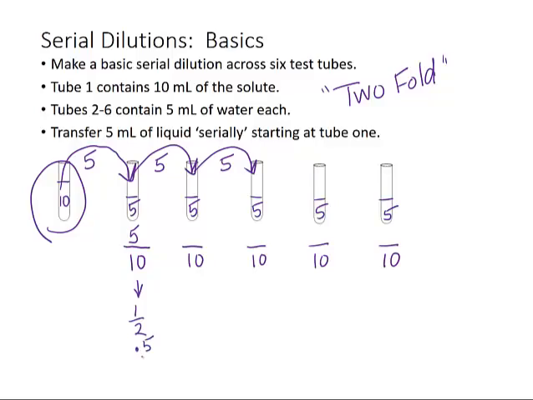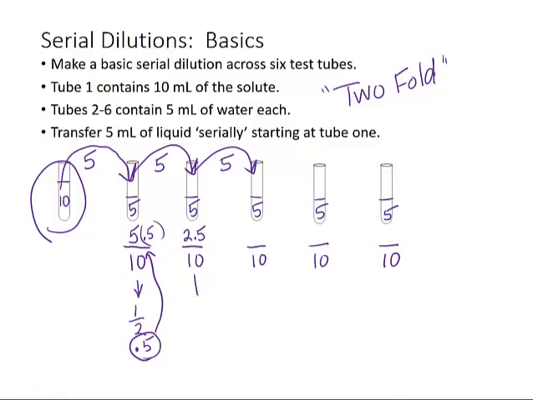It's 0.5. That's going to be my multiplier. I'm going to bring that up here, and I'm going to multiply 5 times 0.5. What's half of 5? It's 2.5. And that's how much of the original concentrate is in tube 3, 2.5 milliliters. So it's 2.5 out of 10.